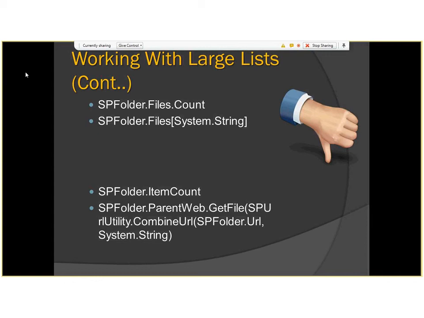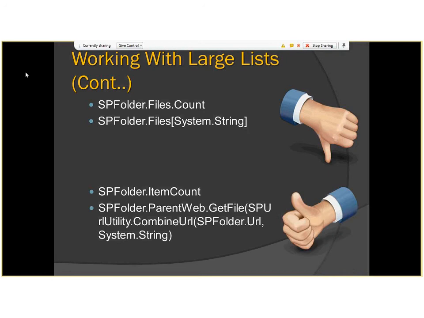right? Again, the fundamental difference is the same: in the previous example I'm using the items as the SPListItemCollection, and here I'm using a file. In the later example, I'm using SPFolder.ItemCount, which directly queries the SPFolder rather than loading the file objects and then counting over that.